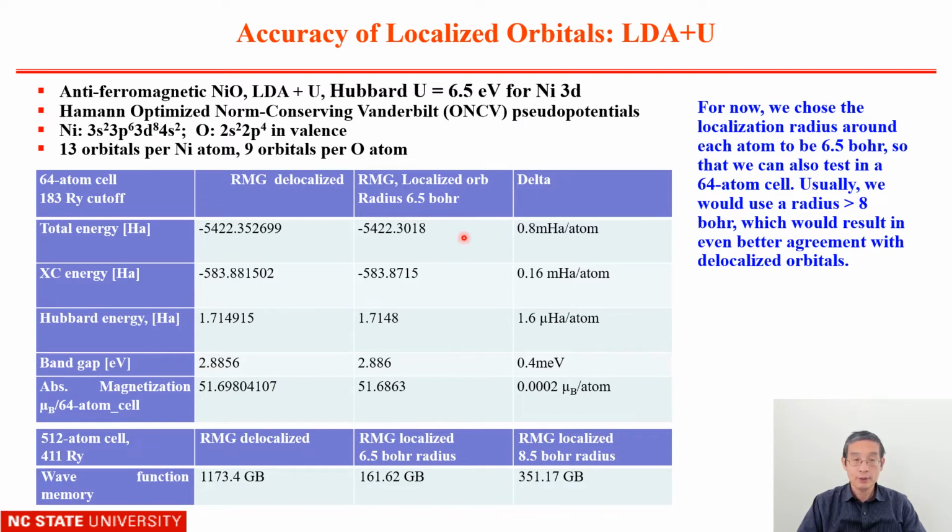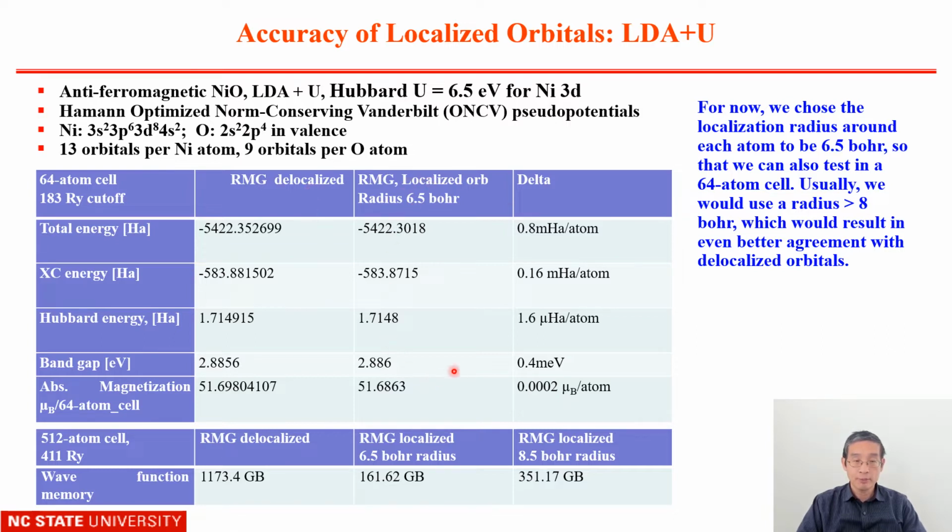But even with this small radius, you can see the results are pretty good. For example, here I list the total energies, Fock energies, Hubbard energies, band gap, and the magnetizations. This column is the result from our RMG delocalized, the main branch.